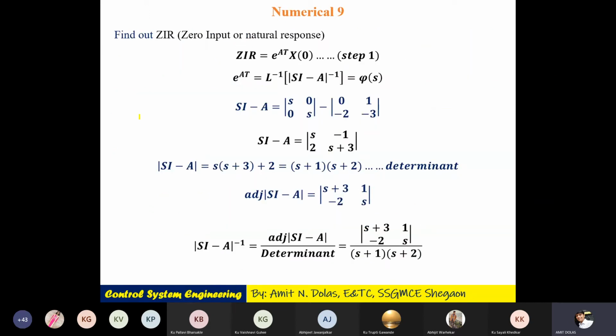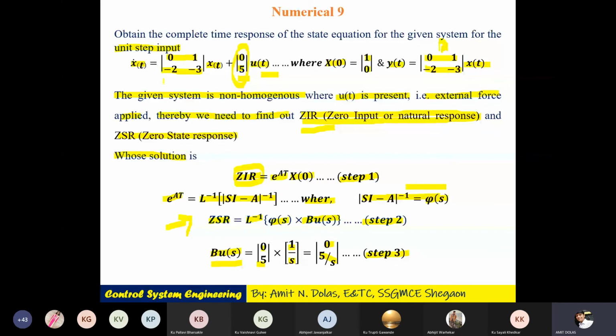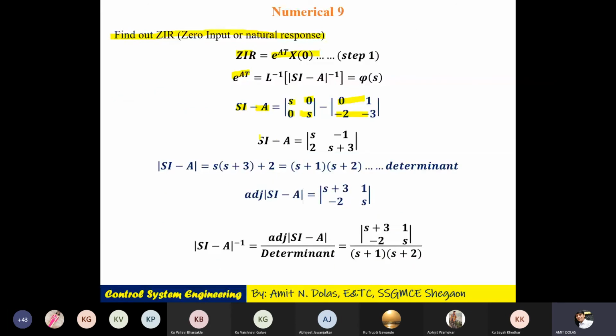First of all, we'll calculate the ZIR, that is the zero input response or natural response. For that, the steps are the same. We'll go for e raised to power At. Before that, we need sI. sI is what? That is [s 0; 0 s] minus A. Where did we take A from? It is given in the system. This one here, minus A. Perform this operation.